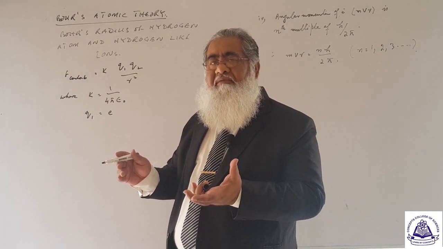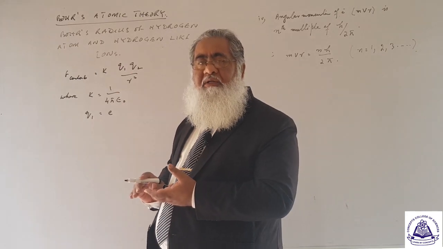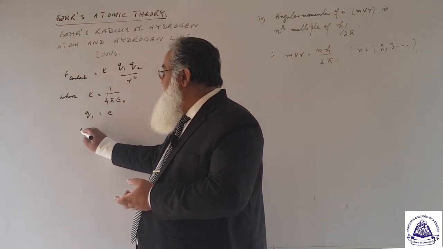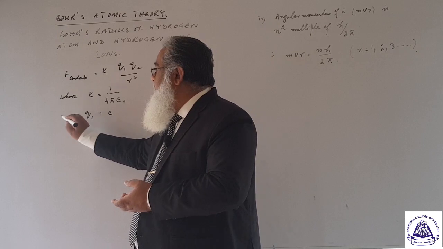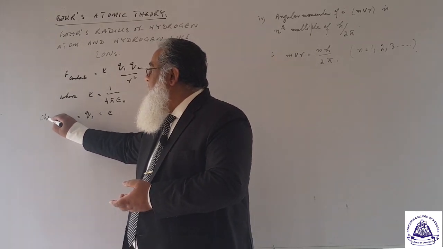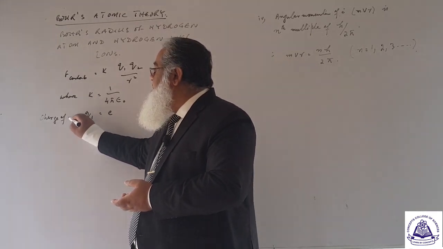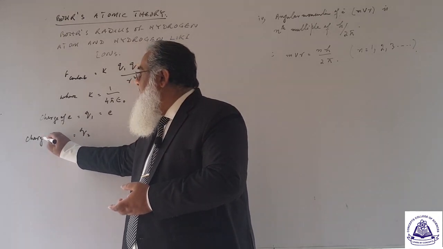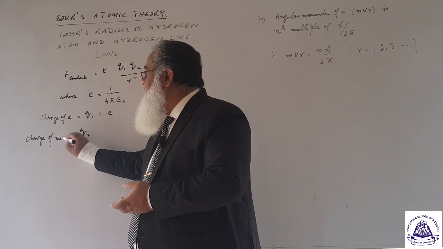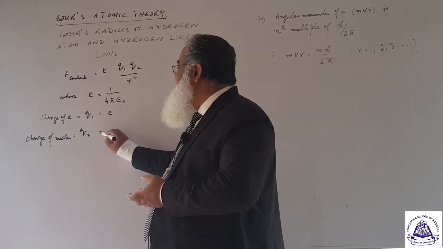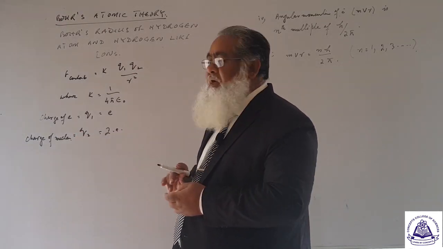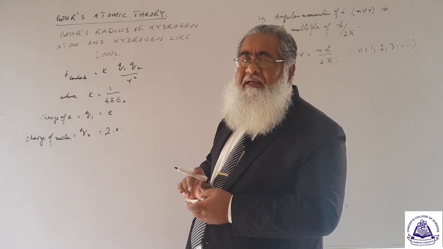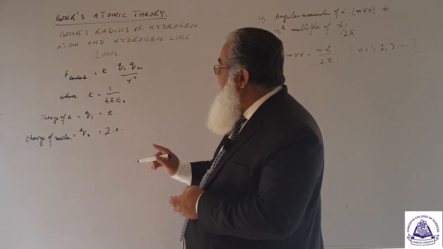We are just going to take the value, not the sign of the charge. Q2 is the charge of nucleus, equal to Z into E, where Z is the atomic number, E is the charge of the proton.